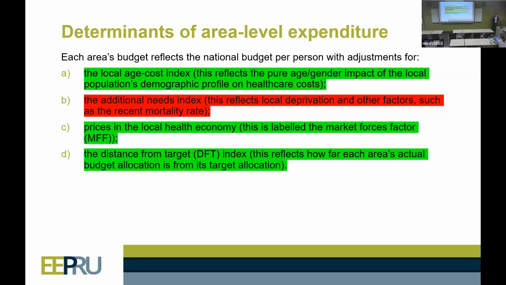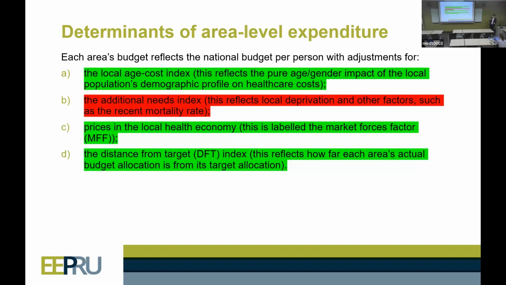Because the age effect on the outcome has already been taken account of, this is quite a good instrumental variable, because it is used in the formula to allocate between areas. So we can be reasonably confident that it's going to be a good predictor of expenditure. And because the direct effect of age on mortality has been accounted for through standardization, it's plausibly a valid instrument.